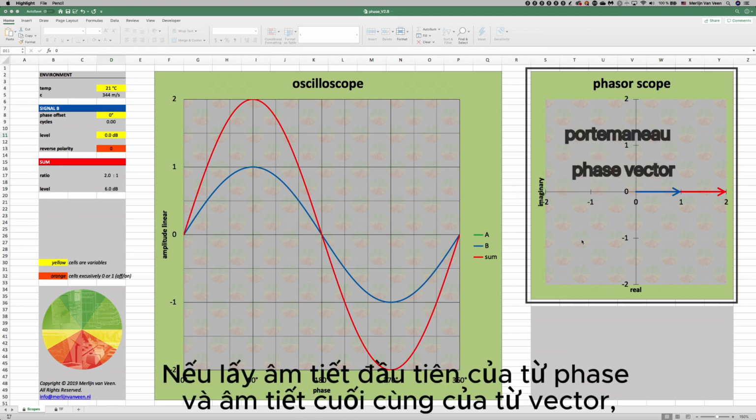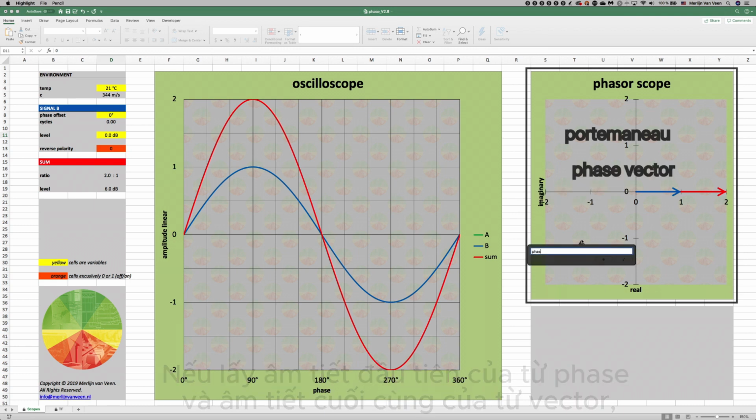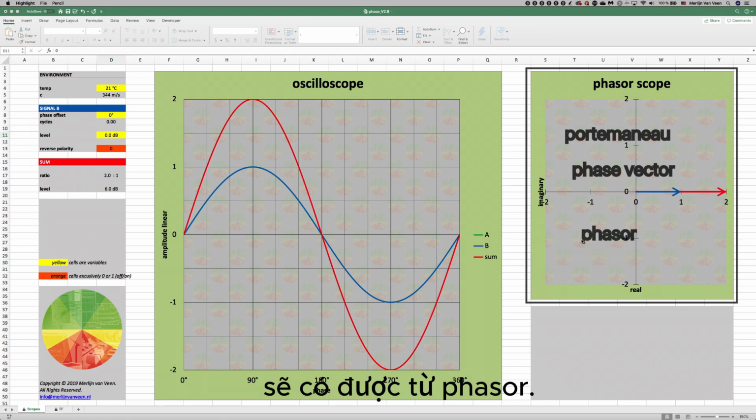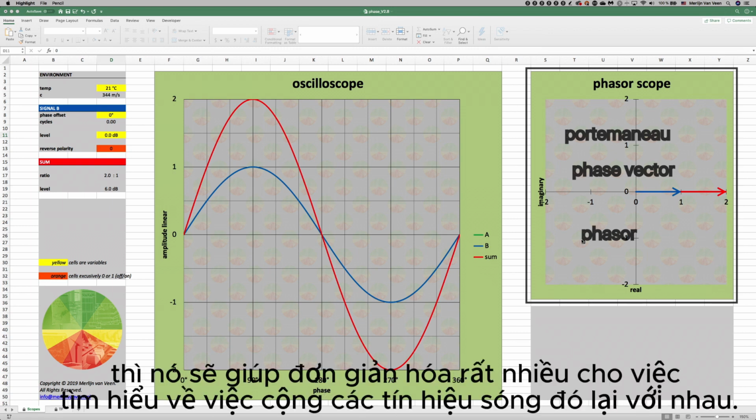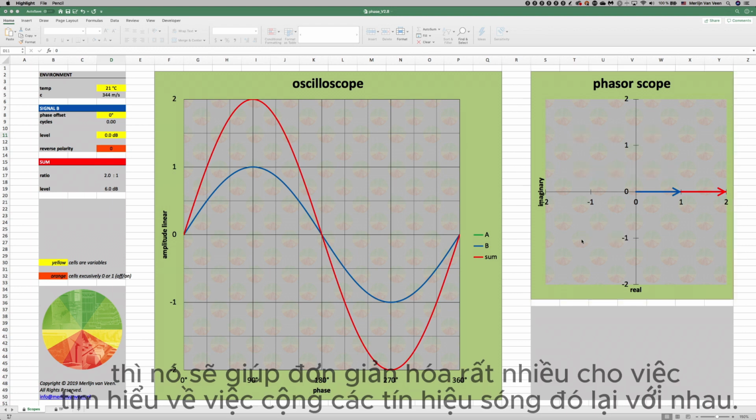If you take the first syllable of the word phase and the last syllable of the word vector, you get phasor. And if we think of those sine waves as phasors with a certain magnitude and a certain direction, then it greatly simplifies the understanding of adding those signals together.